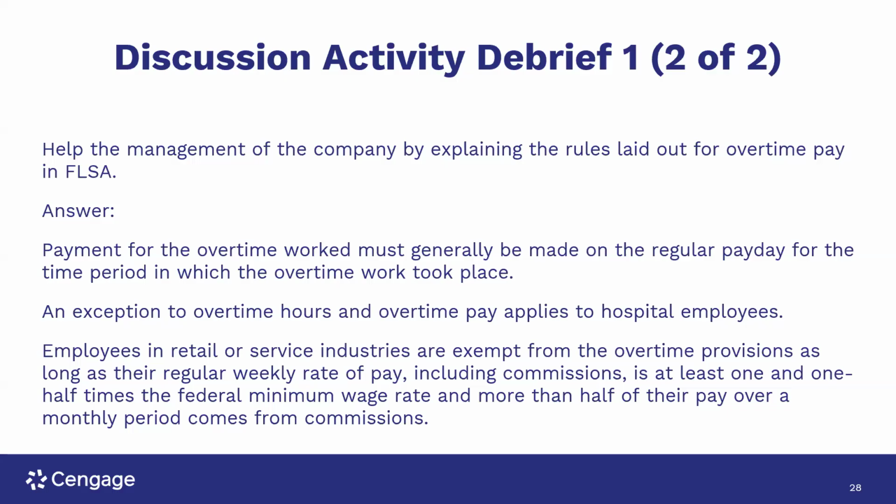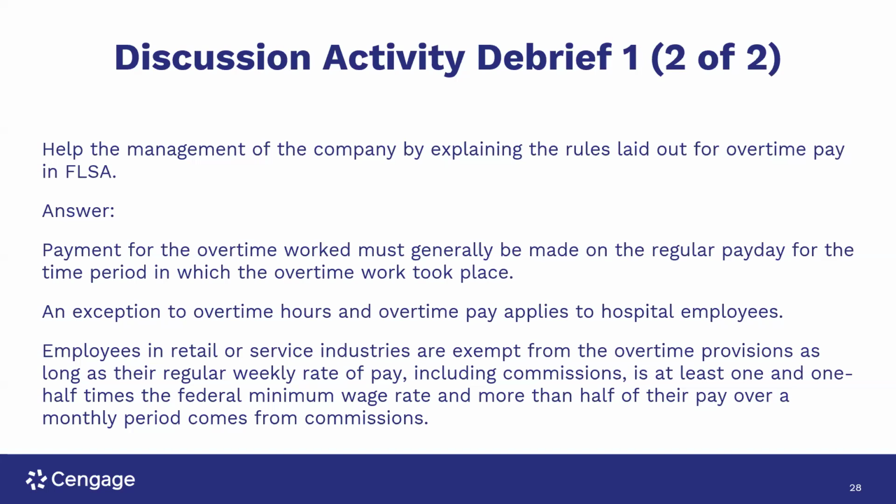There are also some exceptions for hospital employees or retail and service employees, assuming that they're in a mostly commission-based sales role. So over half the wage comes from commissions, and they're already making time and a half the minimum wage at a minimum, so $10.88.